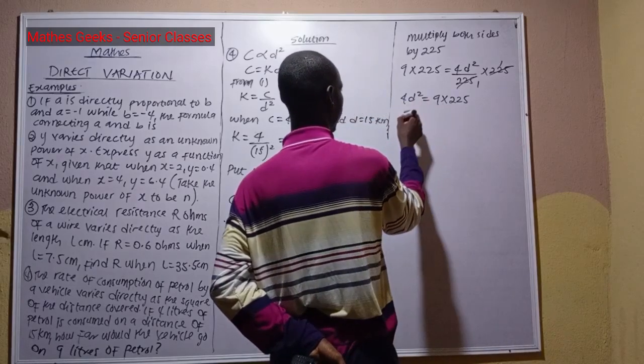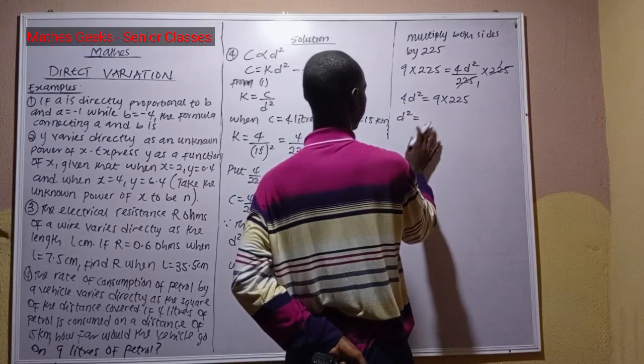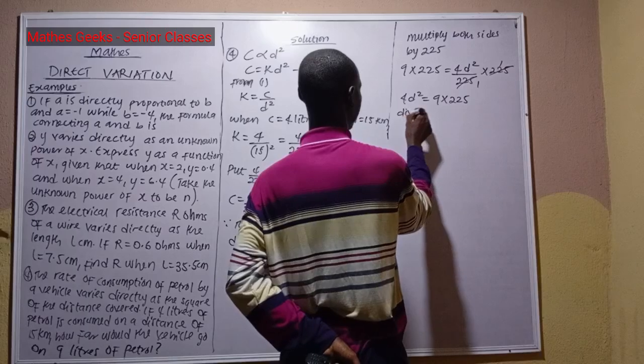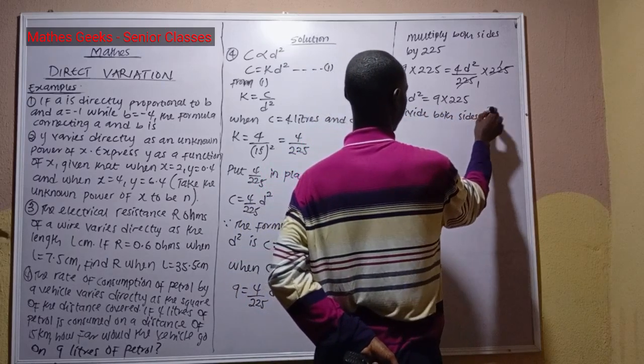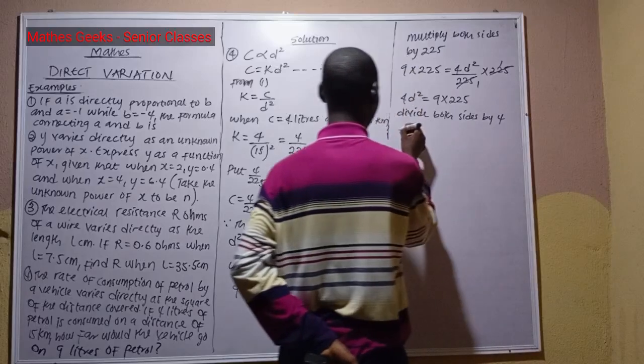So 4 D squared equals 9 times 225. Divide both sides by 4.